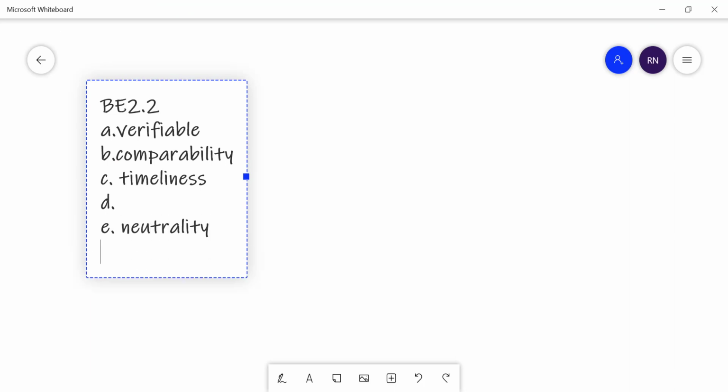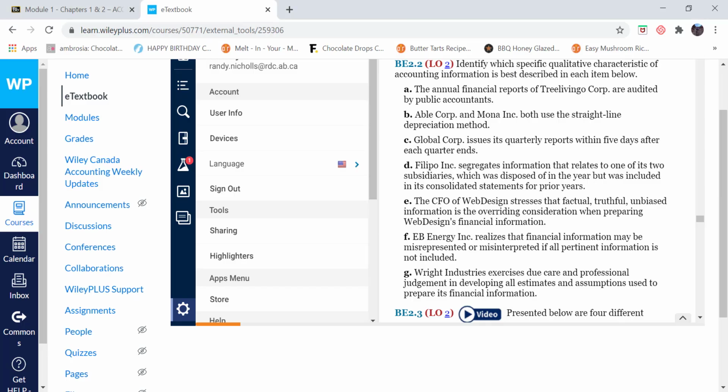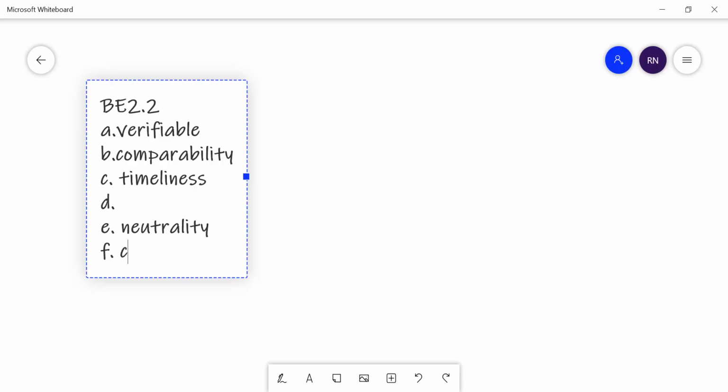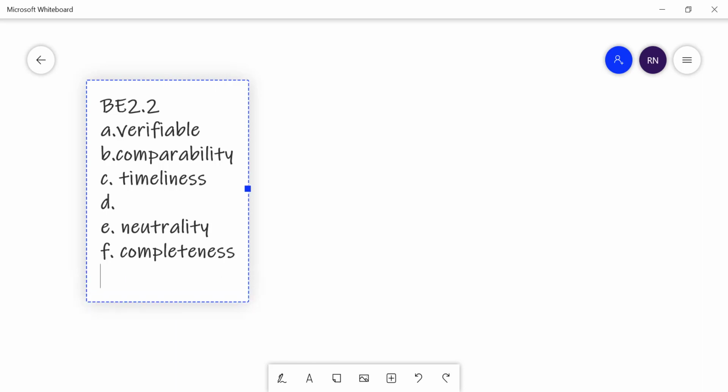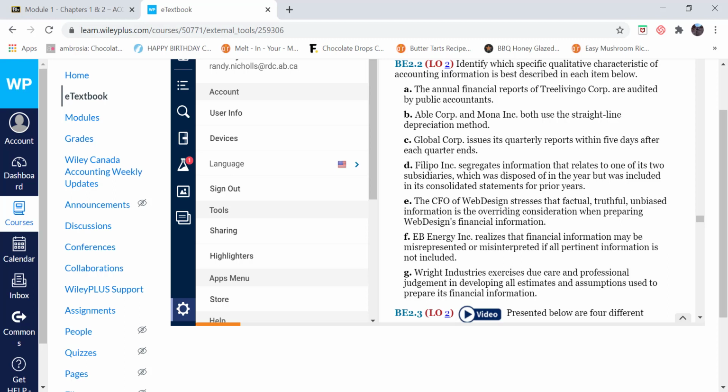Right? We're trying to do the best information. We're not trying to meet a specific user. F, realizes financial information may be misrepresented or misinterpreted if all pertinent information is not included. That's getting at completeness. Hopefully that's a little obvious. Right? If I don't have everything, it's not going to work for me.